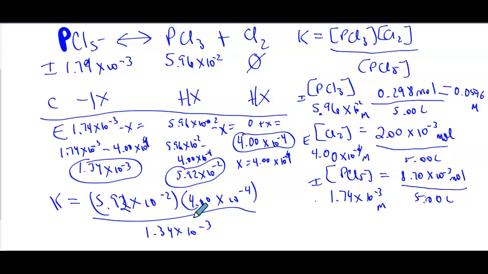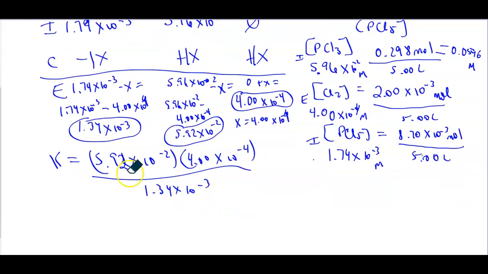Let's see what that is. We're going to take 5.92 times 10 to the negative 2 times 4.00 times 10 to the negative fourth, hit equals, divide by 1.34 times 10 to the negative third, and we should get K to be 1.77 times 10 to the negative second.